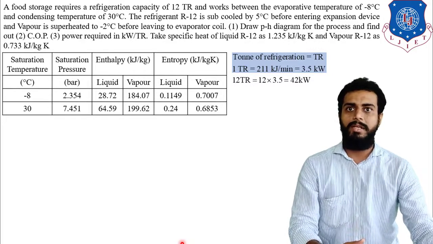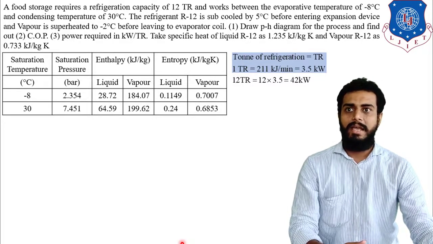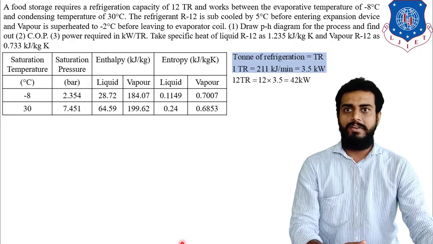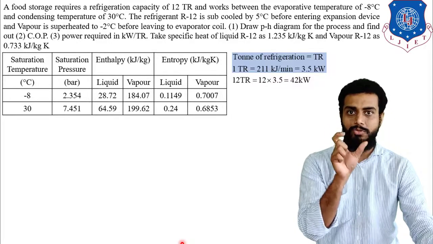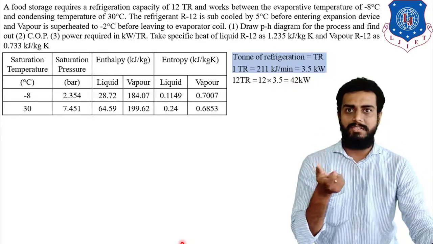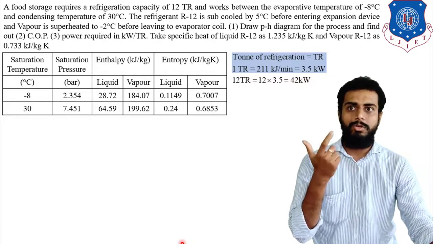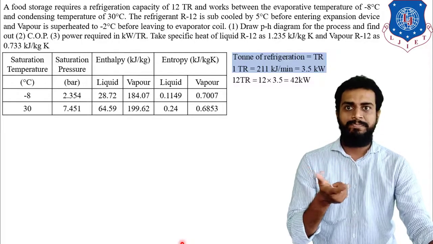It works between the evaporator temperature of -8 degrees Celsius and condensing temperature of 30 degrees Celsius. The refrigerant used over here is R12, which is subcooled by 5 degrees Celsius before entering the expansion device, and vapor is superheated to -2 degrees Celsius before leaving to the evaporator coil.